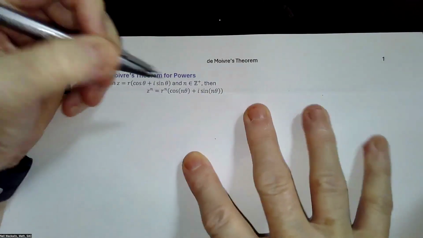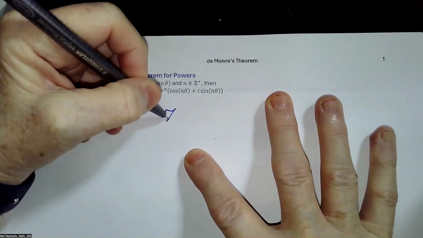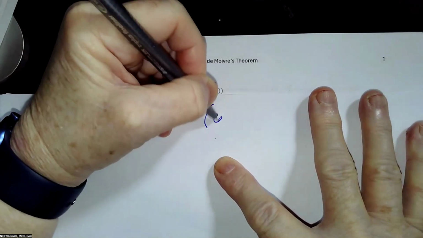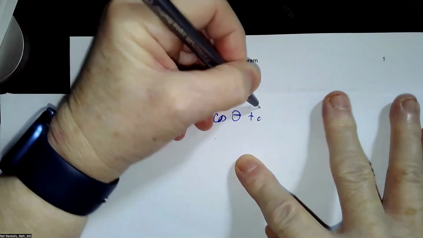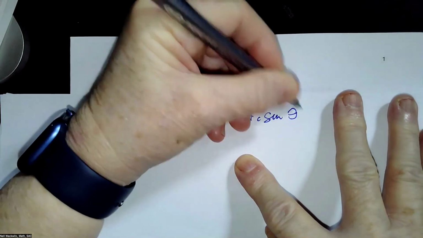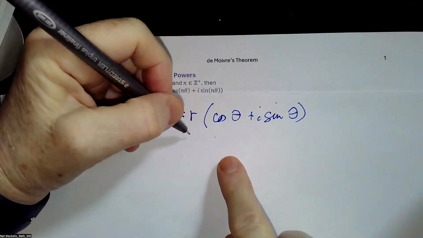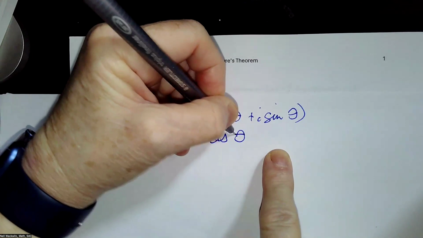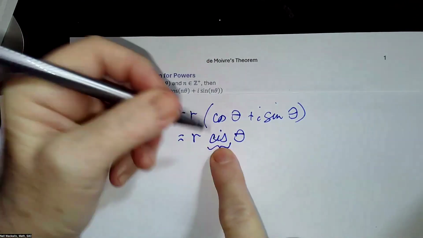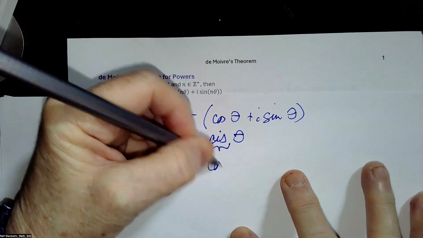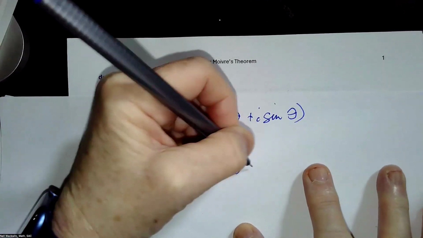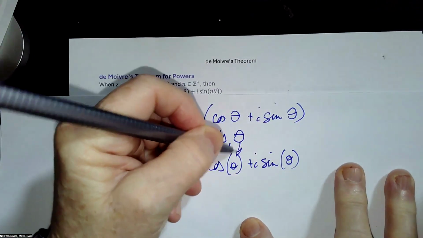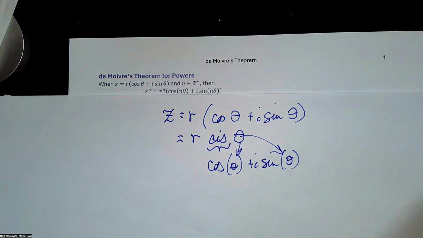So we know that if we have, let's say that z is r cosine theta plus i sine theta, and I want to use the notation cis, and cis stands for cosine theta plus i sine theta, where theta is the angle.